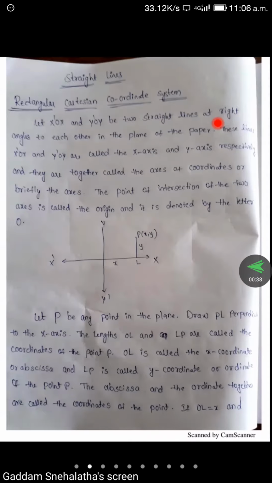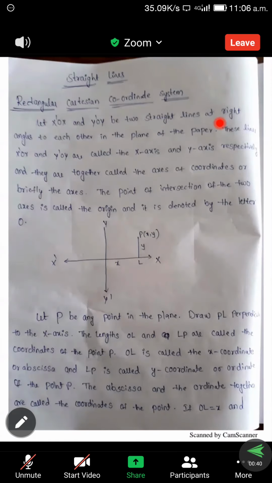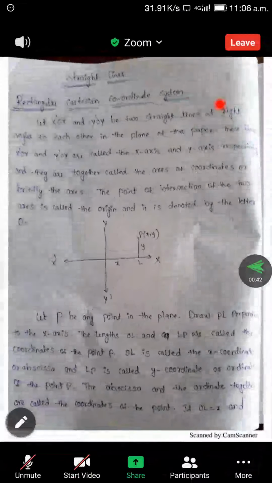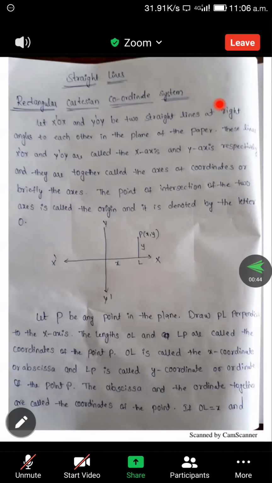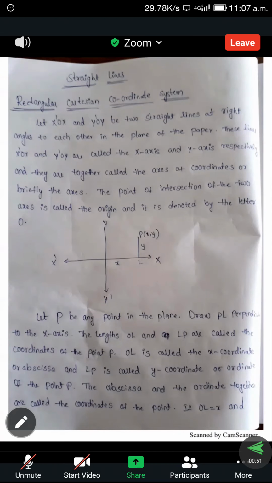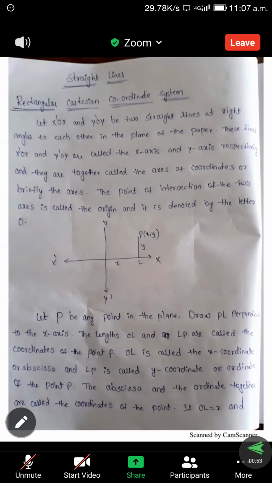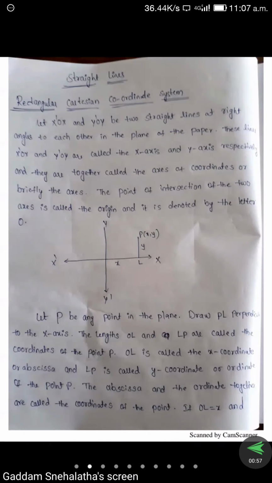So X'OX and Y'OY are the straight lines. Here we have Y and this is O. So YOY', XOX'. This is one straight line and this is another straight line.